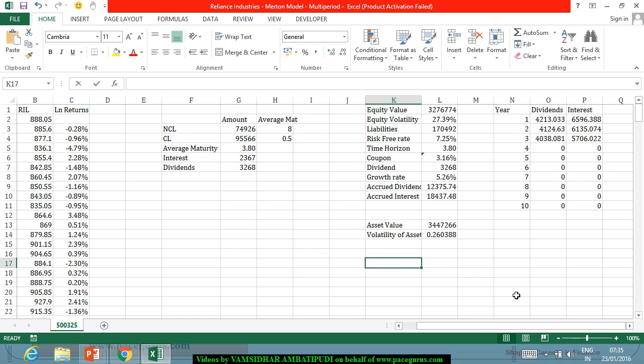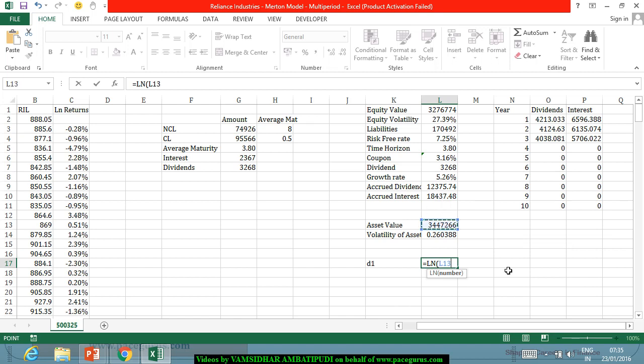Then I can start off with the Black-Scholes model, D1. We have already given the formulas for all of them. So I can say log of asset value divided by L plus D plus I. So these are the three things.